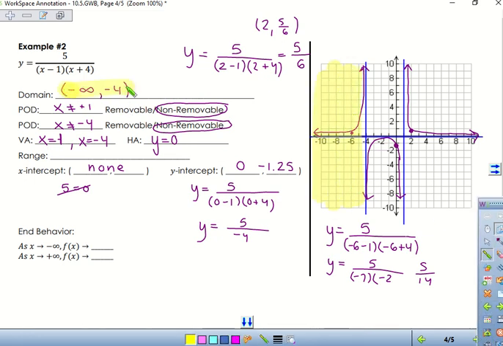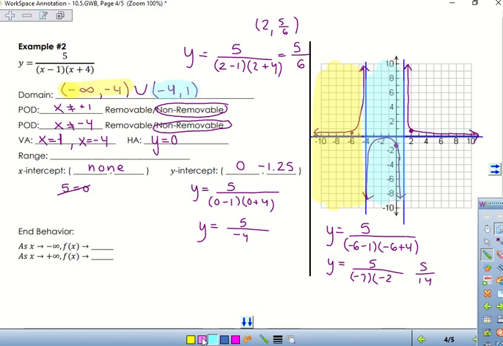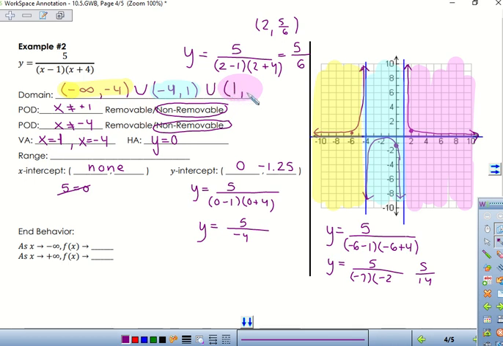And then additionally, we pick back up and we go from -4 to 1. That would be this section of the graph right here. And then lastly, we pick back up and we go off to infinity, right? So it's going to be from 1 to +infinity.